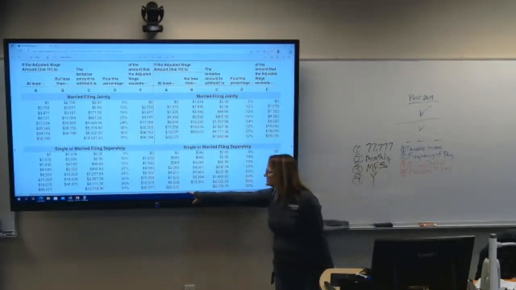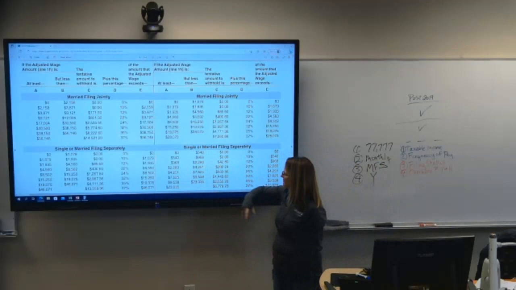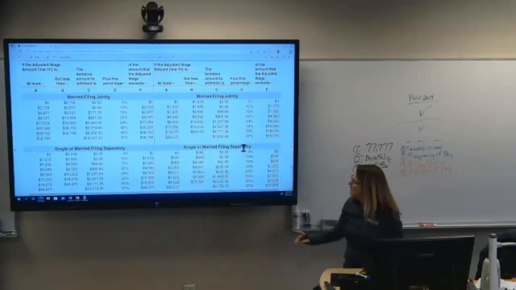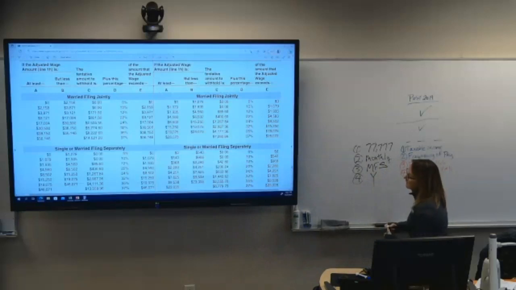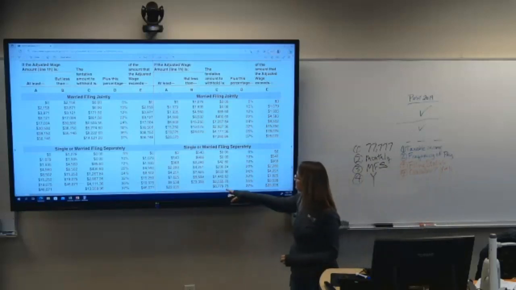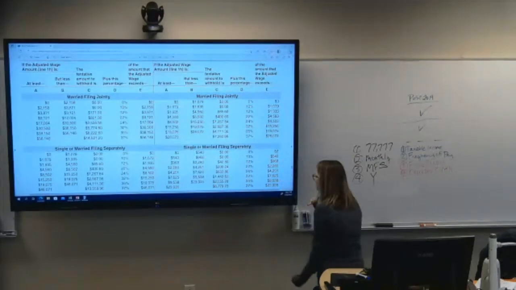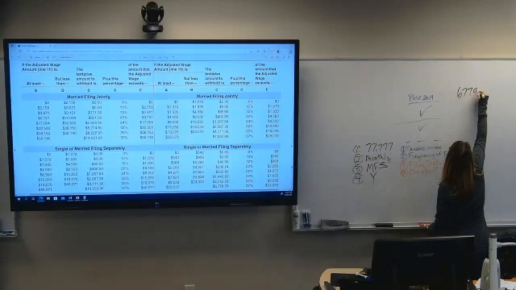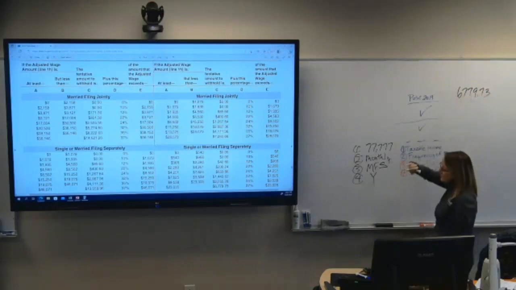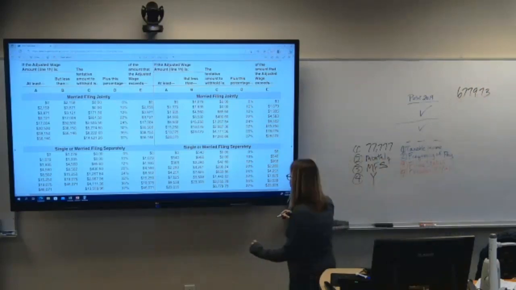So this is per pay period right here. Okay, so we're going to use these calculations here. So the tentative amount to withhold is 6,779.73. We'll just pop that up there so we don't forget it.